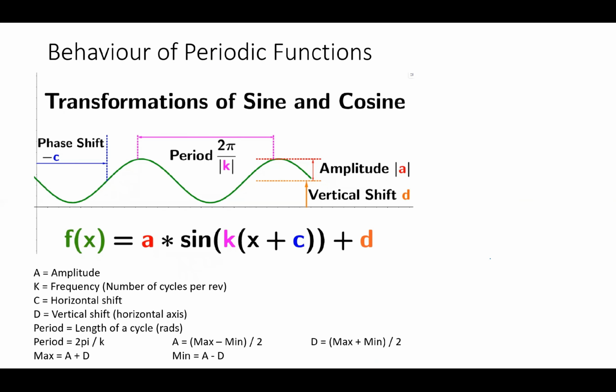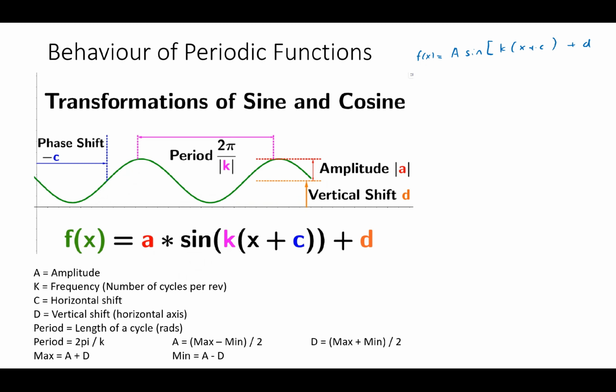So when you're looking at these graphs, what you need to understand is that you can write the trig function in this template. All right, f of x is equal to a sine of k x plus c, plus d.